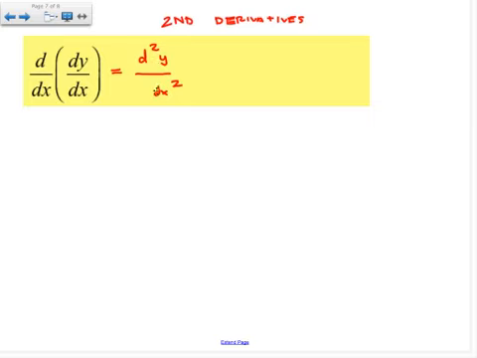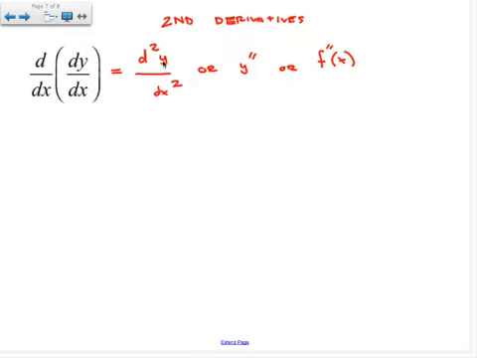So this is the symbol for the second derivative in differential notation, which can also be rewritten as, you can guess, y double primed or f double primed of x. All 3 notations are going to be used in the course, so you need to recognize them.